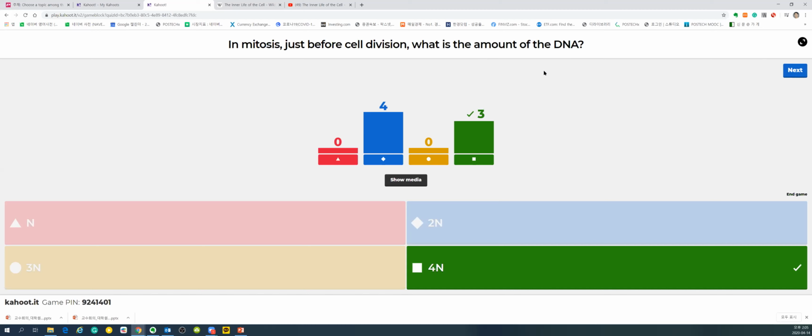So amount-wise, that's about 4N. DNA amount is double, and they did not divide yet. Then in one cell structure, there are two copies of 2N, right? That's why amount-wise, this should be considered as 4N amount. DNA amount is double. Okay, that's the point of this other question.